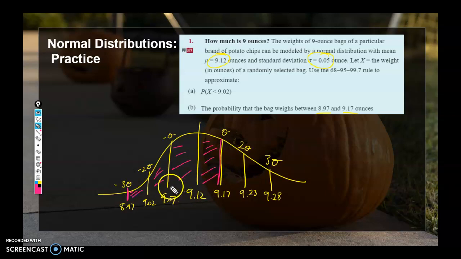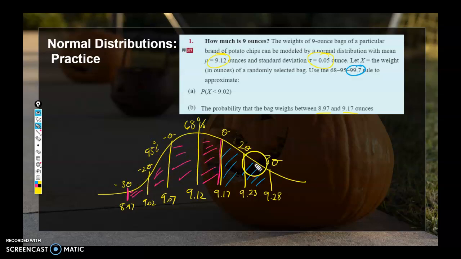I do know that, not all of my data, but I do know that 99.7 would be contained within all 3 standard deviations. Okay? What else do I know? I know that here and here, that's 68%, right? Between -1 and 1. I know that between -2 and 2, I got 95% of my data there.